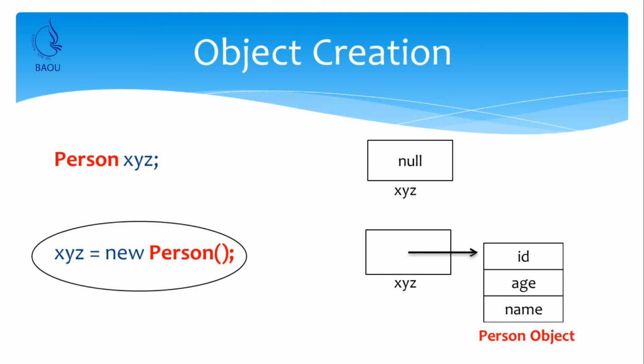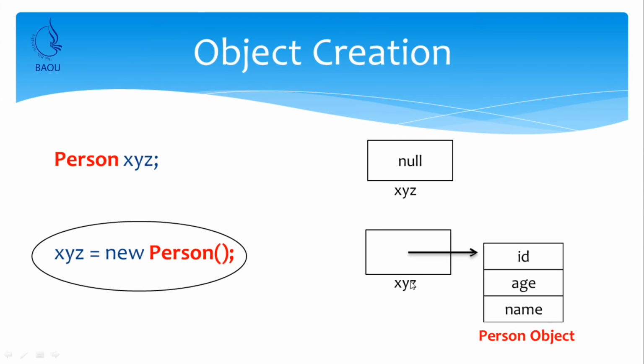Once the object is created, how memory is allocated is represented on screen. So, here when you write Person xyz, xyz has no reference. So, it is assigned null, but when you write xyz is equal to new Person, which is shown in the oval, memory is allocated for xyz and the same value is assigned to xyz.